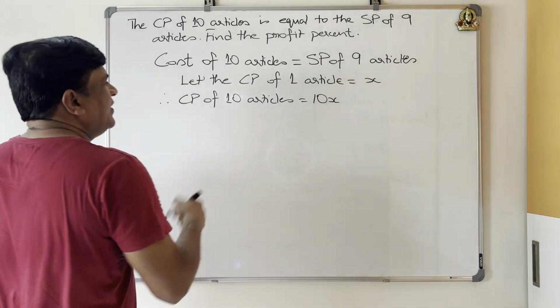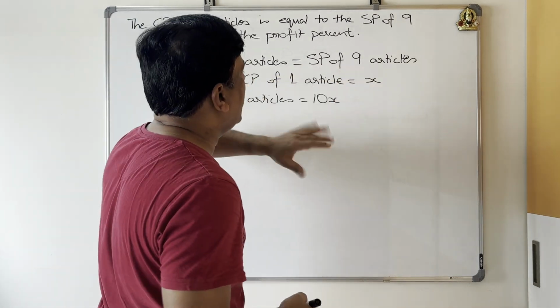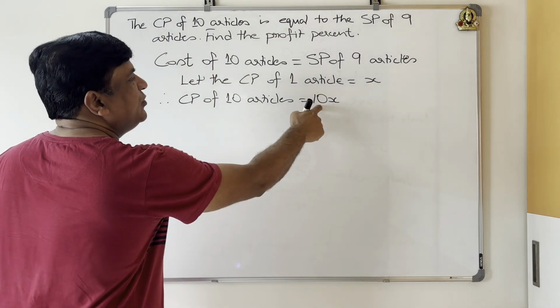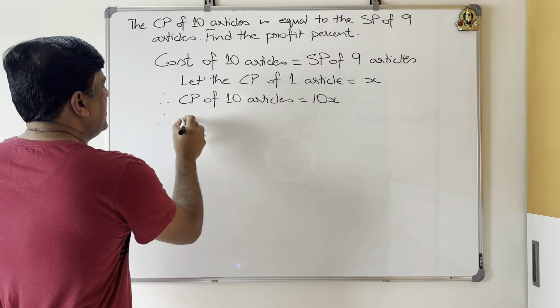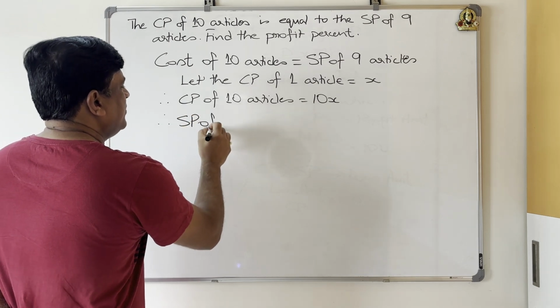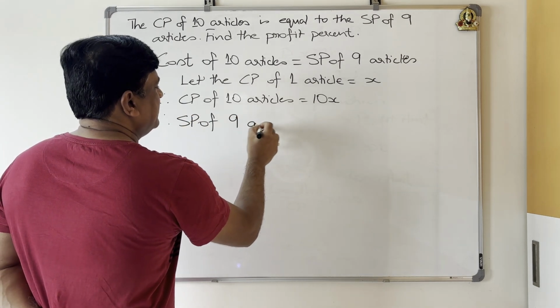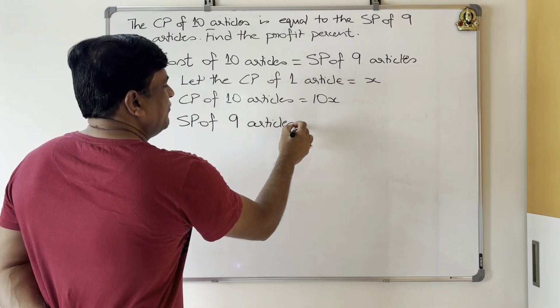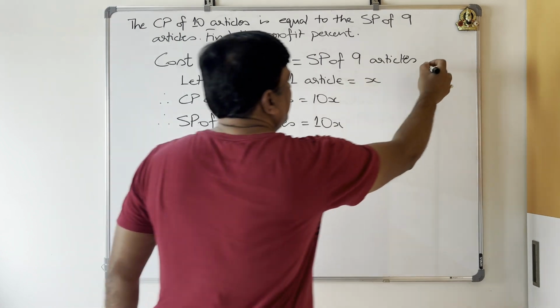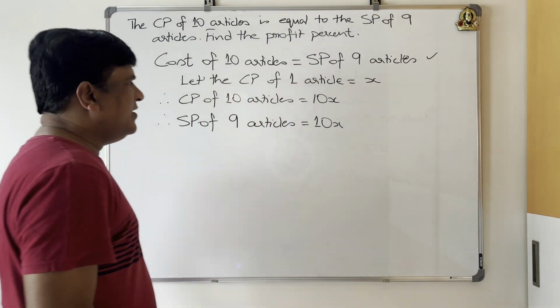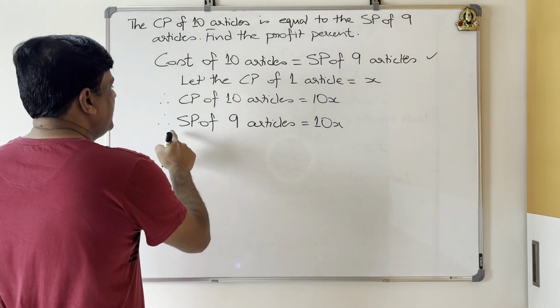Now they are saying that the selling price of 9 articles is also equal to the cost price of 10 articles. So the selling price of 9 articles will also be equal to 10X, with the condition they have given.